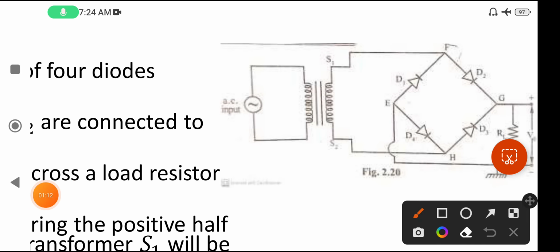How? See here. Here it is positive. S1 positive means F is also positive. S2 is negative, so H is also negative. So you know the diode. It is a diode like this, and this side is P type and this side is N type. That we know well.